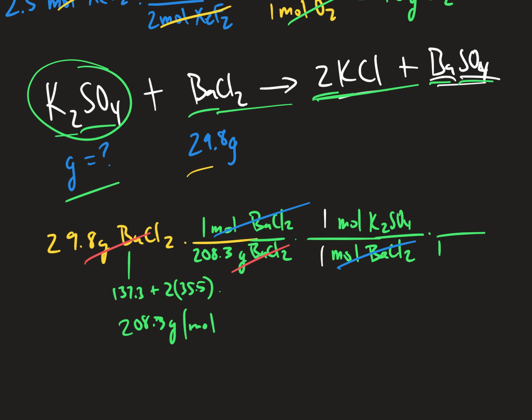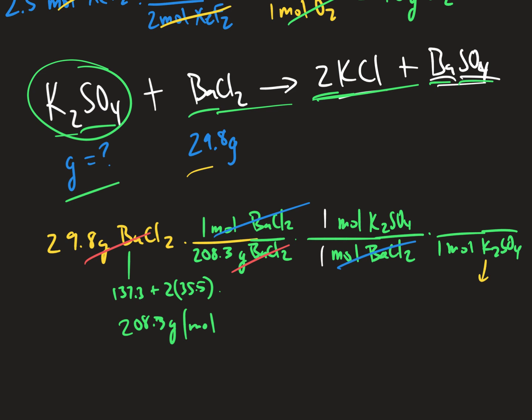And now that we're at moles of our substance that we're looking for, now we can convert it to grams, the last thing, right? So if we have 1 mole of potassium sulfate, we figure out the molar mass of potassium sulfate, which is something.